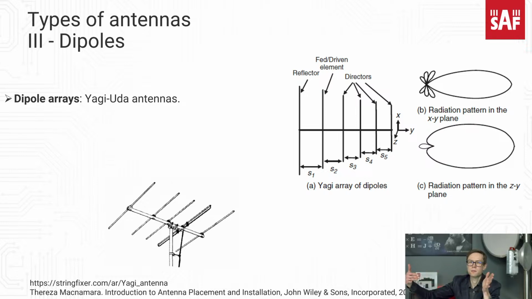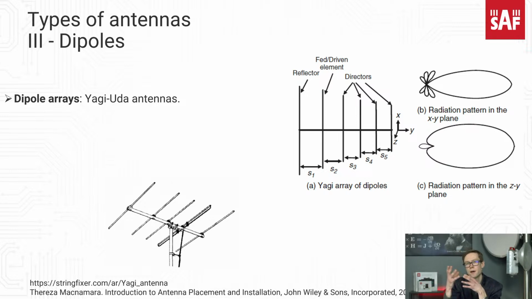But this is nothing else but a combination of multiple dipole antennas, which are combined on the same driving element, and each of these elements has its own purpose, its own role. So there is a driving element where the signal is applied. There is a reflector from which it is reflected, because this is a directional antenna, not an omnidirectional antenna like the simple dipole.